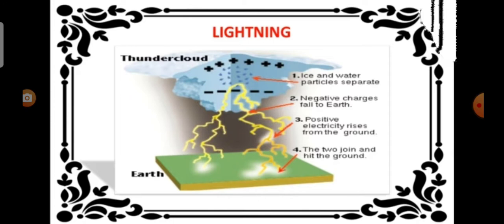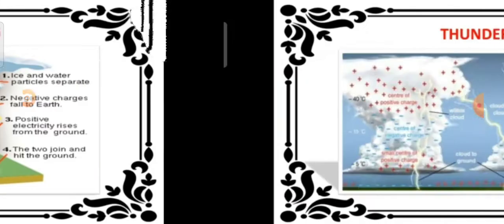When they collide, ice crystals become positively charged and move upward, and the water drops become negatively charged and move downward. So the upper part of the cloud is positively charged and the lower part of the cloud is negatively charged. When they come into contact, electrons in the water drops are attracted by the positive charge in the ice crystals. Thus electricity is generated and lightning is seen.